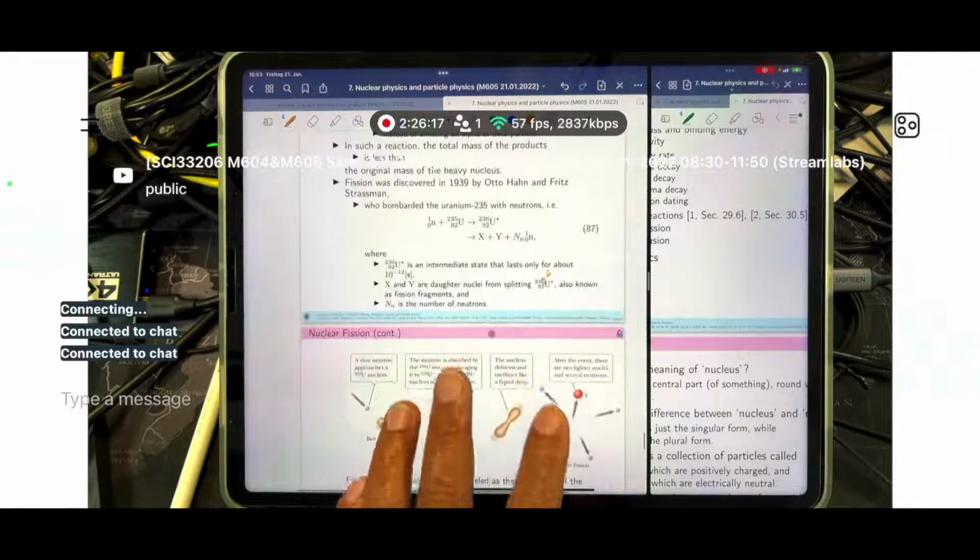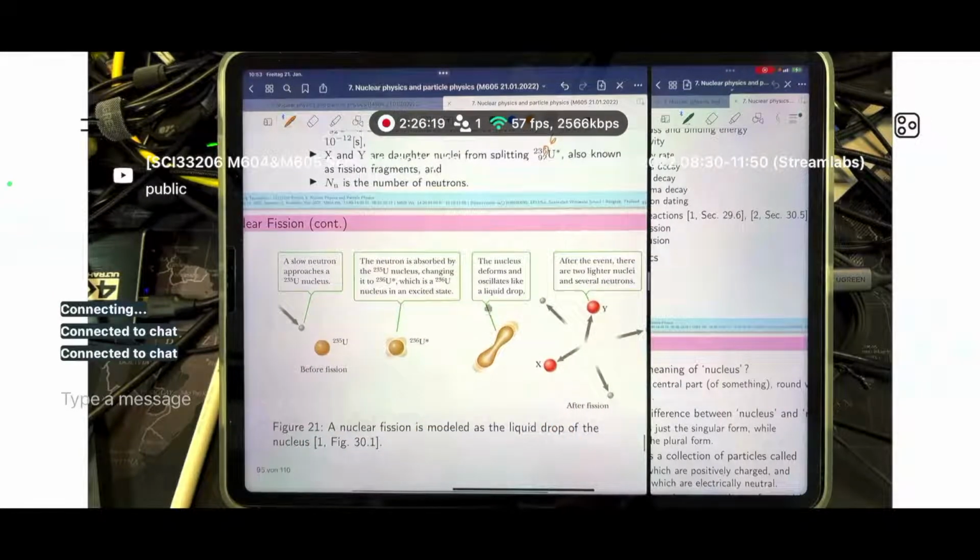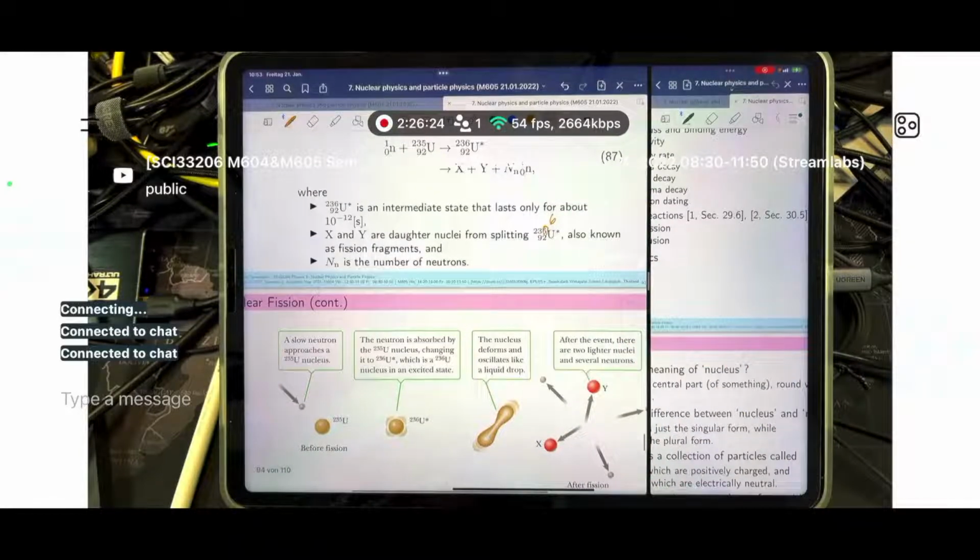And now we arrive at the picture version of that equation. This is the mathematical, or nuclear, expression. We accelerate the neutron, but not to a very high speed. A slow neutron approaches the uranium-235. This is the nucleus of uranium-235, which is an isotope of uranium.